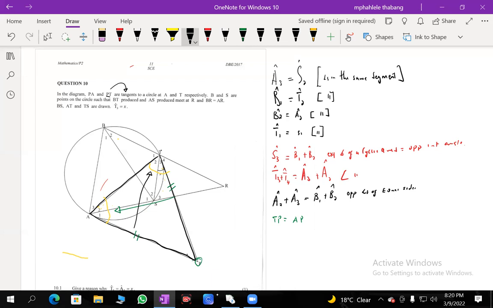We say those angles that are opposite to these sides are equal. So in this case, you are right when you say angle A1 plus angle A2 is equal to angle T2 plus angle T3. What you are writing is very relevant.